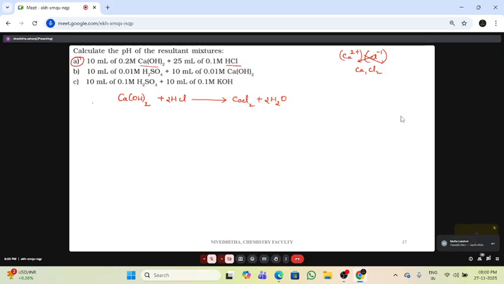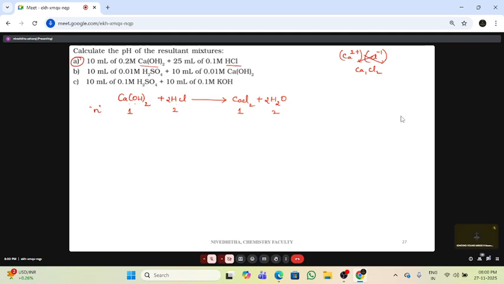Okay, now what we can infer from this balanced equation is, see, 1 mole of calcium hydroxide is reacting with 2 moles of HCl to give 1 mole of calcium chloride and 2 moles of water. So calcium hydroxide and HCl are reacting in a 1:2 ratio.